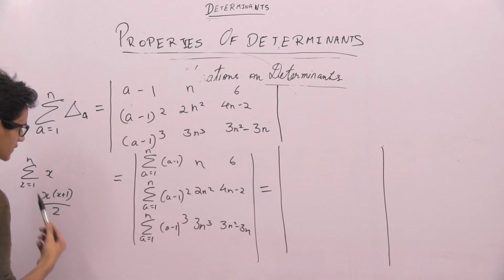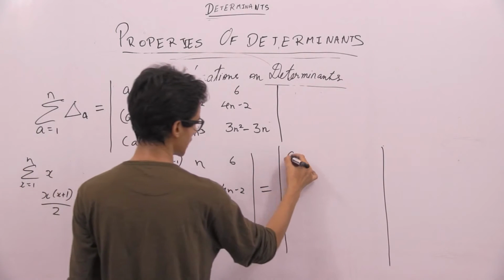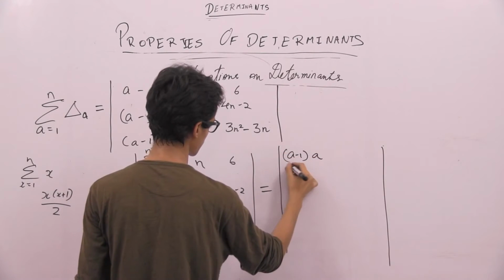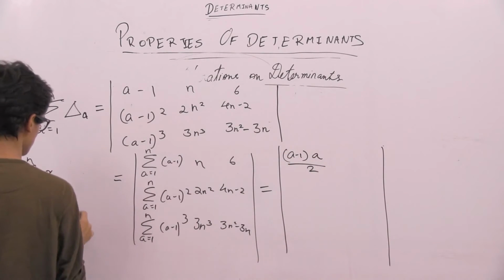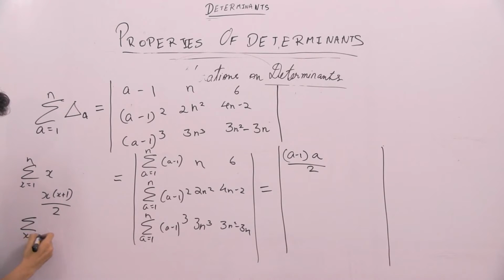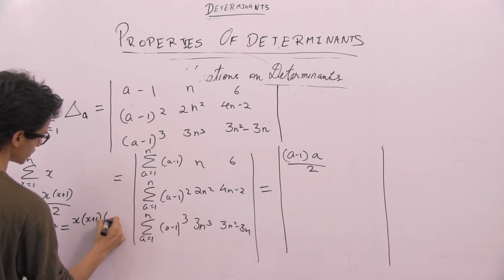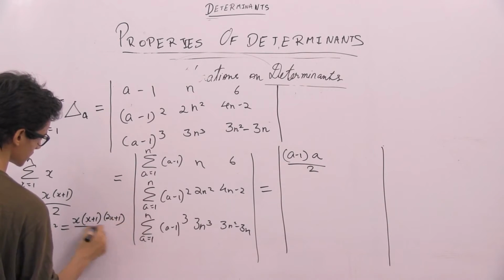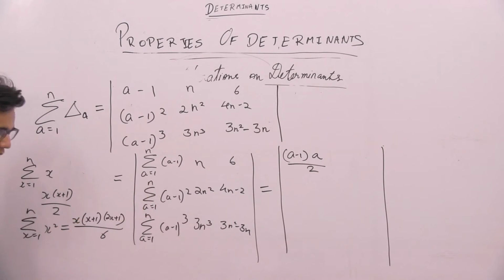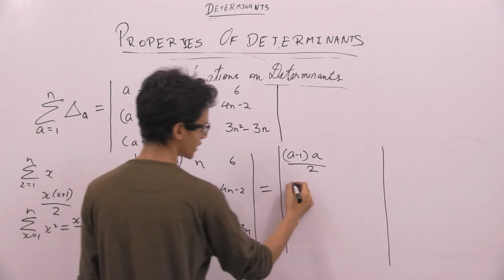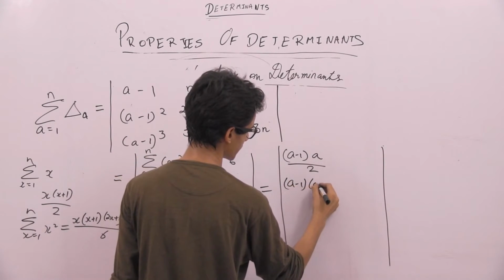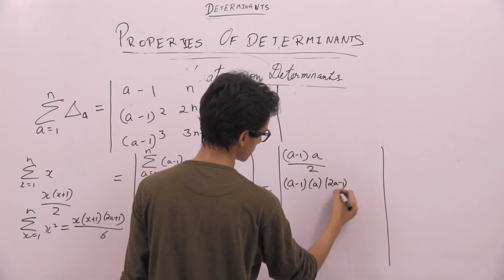So replacing a minus 1 here, we can get a minus 1 into a by 2. The summation of x equal to 1 to n of x square is x plus 1, 2x plus 1 by 6. Replacing x by a minus 1, we can get a minus 1 a 2a minus 1 by 6.